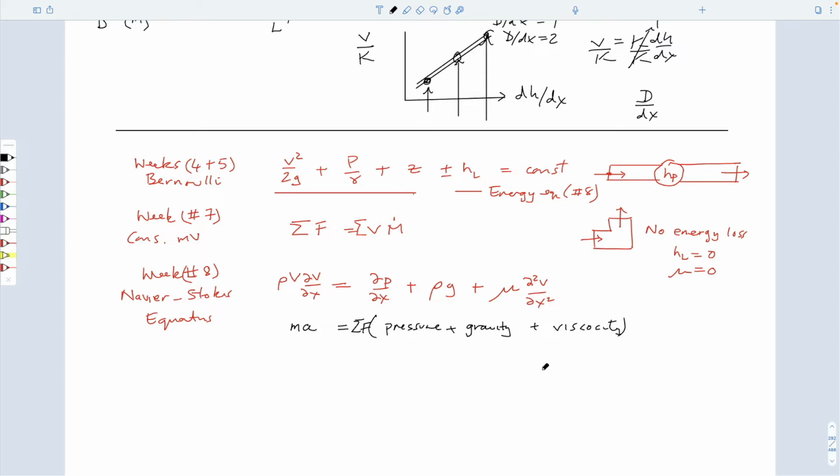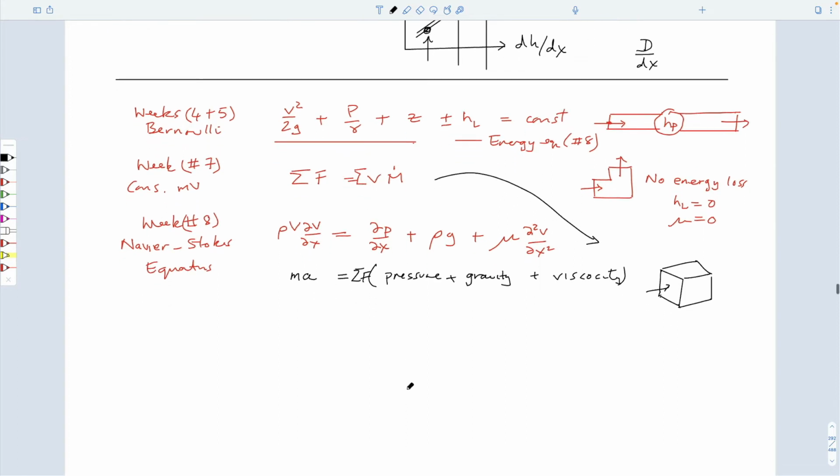The reason for writing this was that you remember we took this and wrote it on a little cubic volume, our differential volume, so that we end up with these differential equations. All we did was take the Reynolds transport theorem equations and apply them to this, and this was the PDE that we got out of it.